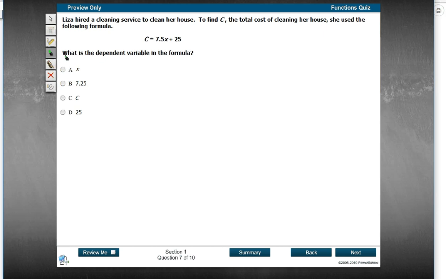Right away, when it says, what is the dependent variable, I am astonished, embarrassed, and blown away by the number of people that picked B or D as a possible answer, as those are just constants.